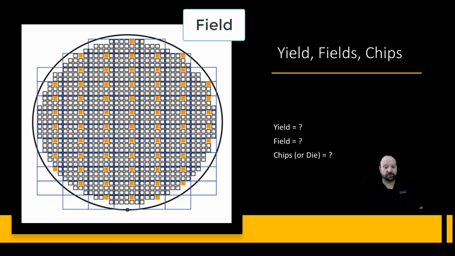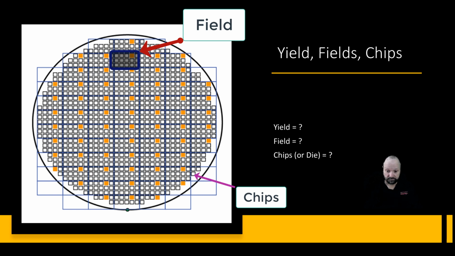In this graphic, the blue squares represent the fields, and the little squares within the blue squares represent individual chips.